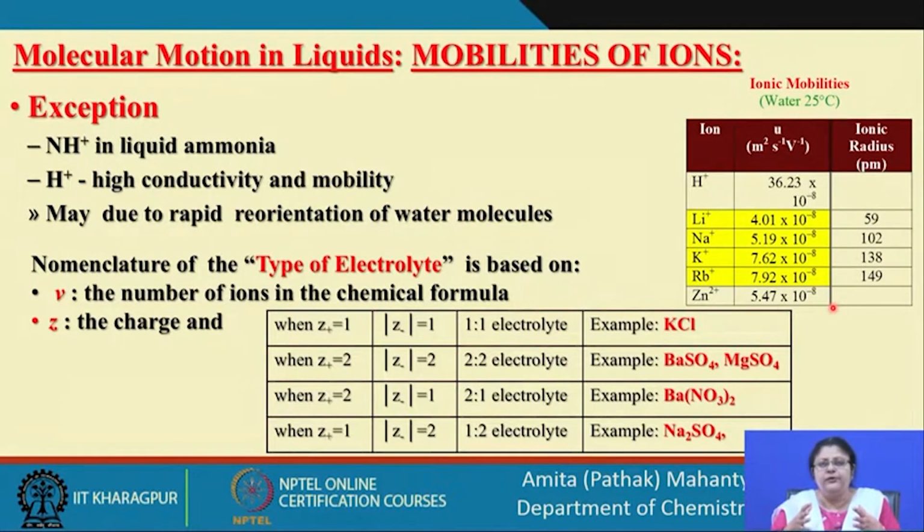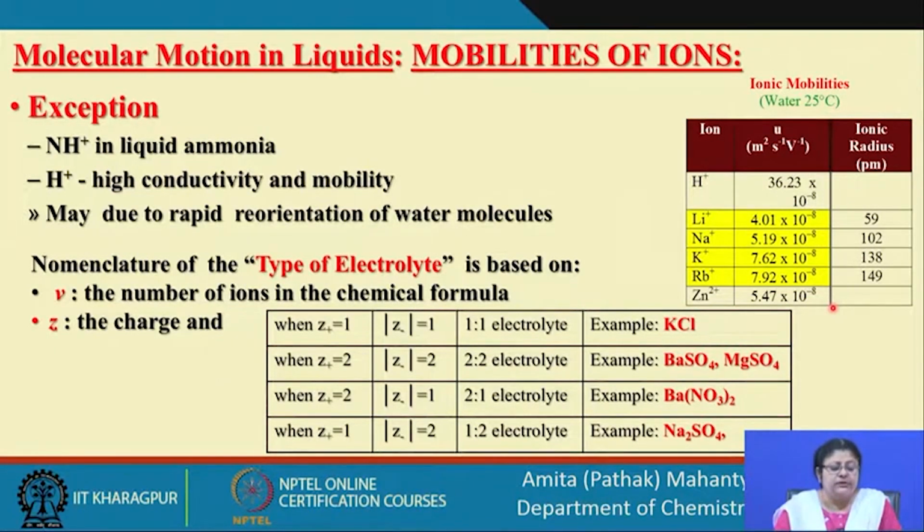So if they are bulkier ions, they are going to move slowly, and if they are moving slowly, then their mobility will be less, and there will be a decrease in molar conductance. A few exceptions are there. If you have the ammonium ion in ammonia solution, they have different values than expected for the more complex, heavier ions.